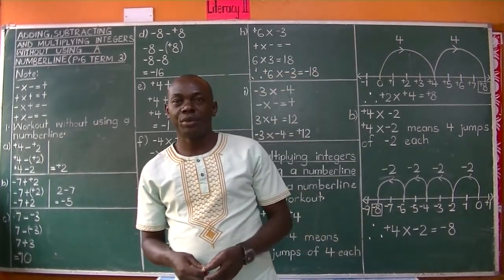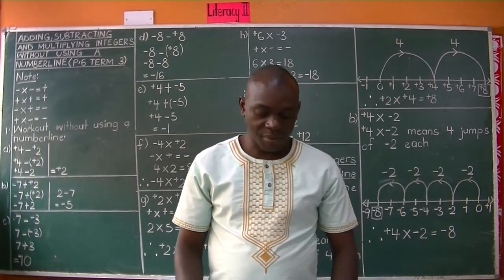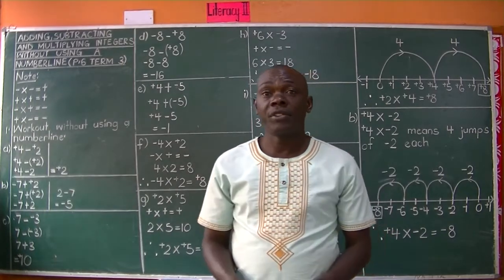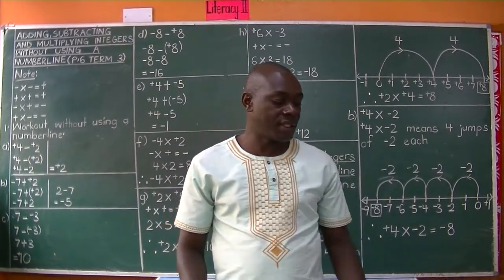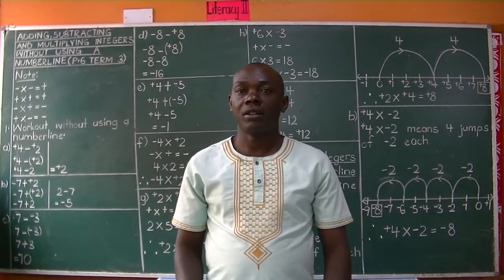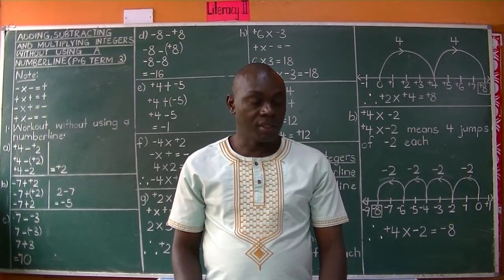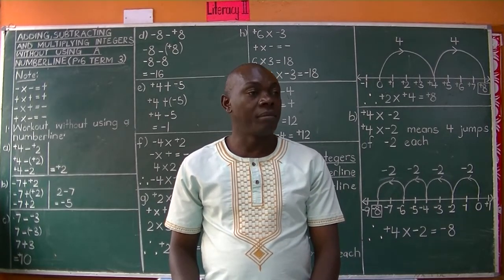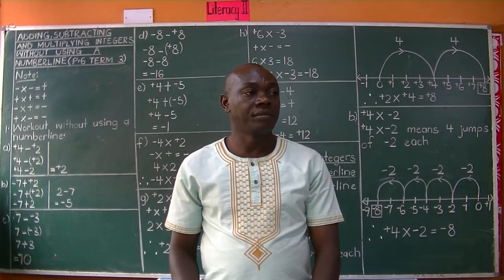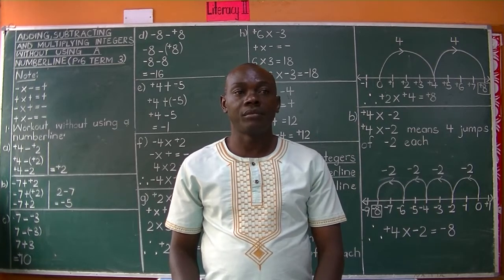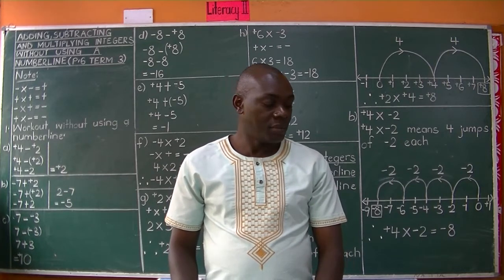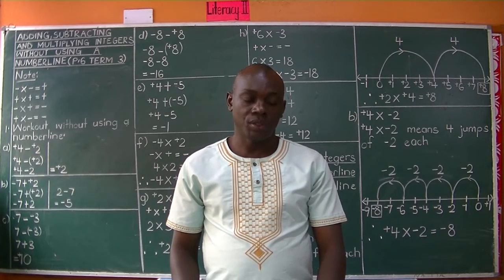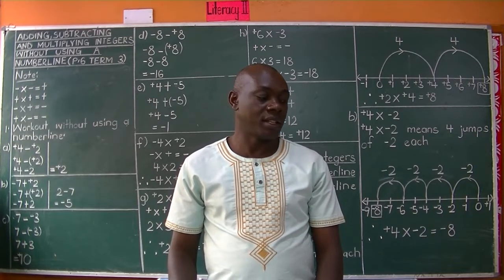I'm Teacher Katimbo Richard, teaching mathematics, primary 6. In the previous lesson, I introduced integers as a topic, and now I'm continuing with the same integers, this time around with adding them, subtracting them, and multiplying them without using a number line, because in the lesson before this one we used a number line to add and subtract.